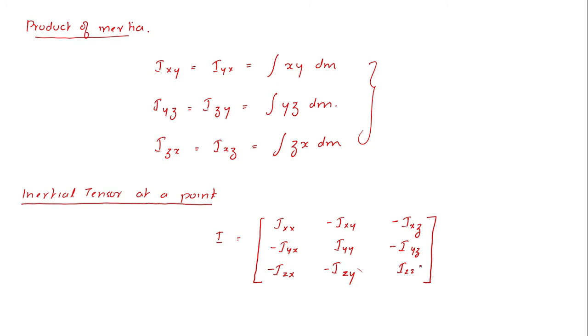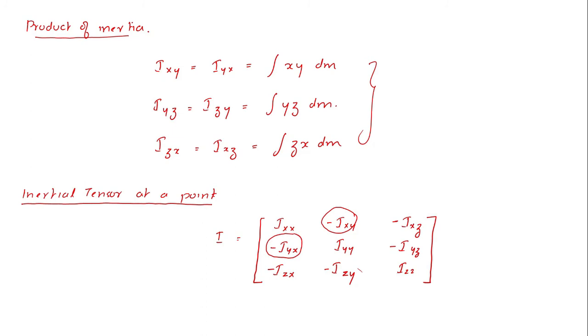Okay, so this corresponding matrix is called the inertial tensor. Now the diagonal elements here are positive, while the off diagonal elements here are negative, and you can see that these two terms here are equal.